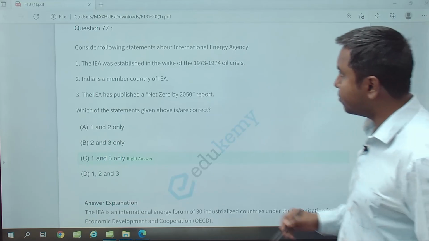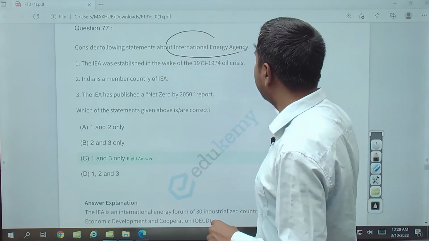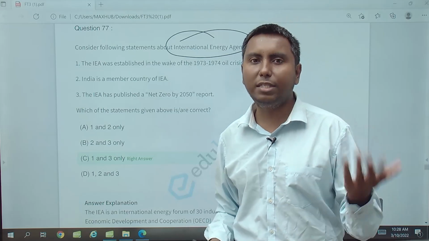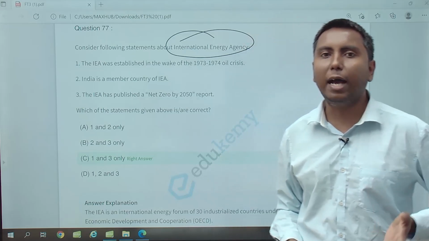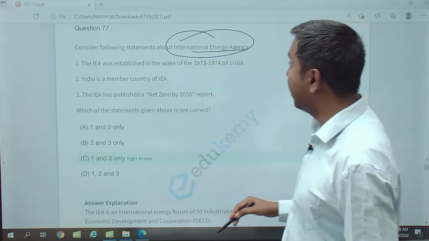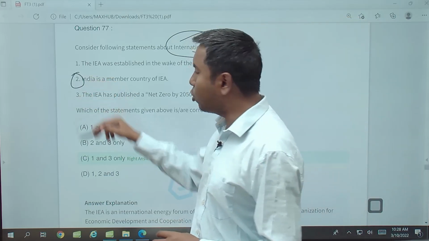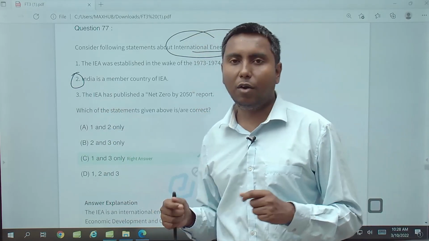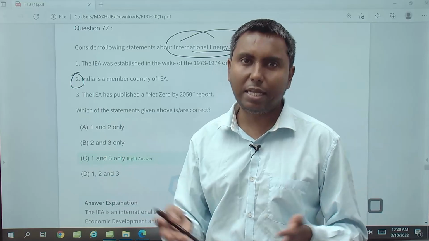Consider the following statements about the International Energy Agency. This is a typical question related to an international organization, which is routinely asked by UPSC. Now if you are asked about IEA, the most basic thing you should know is whether India is a member of that organization or not.